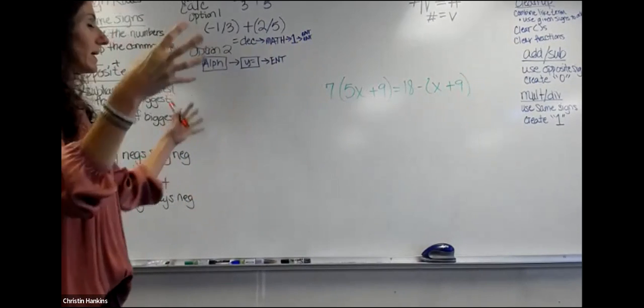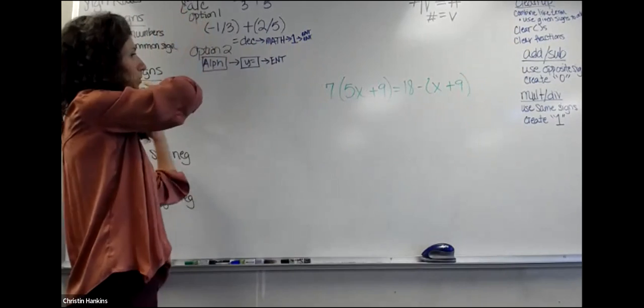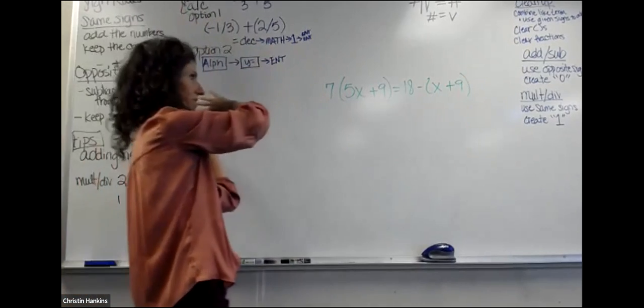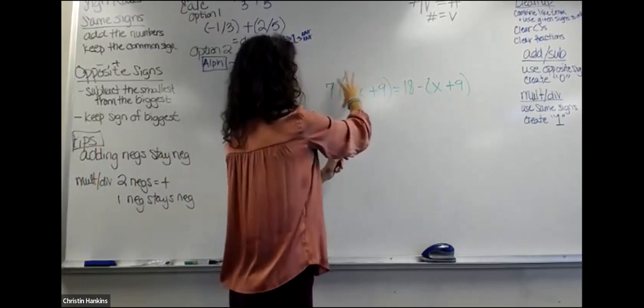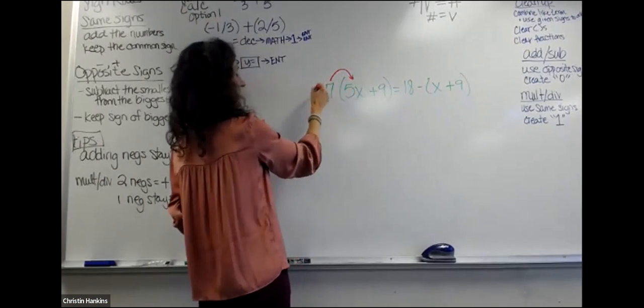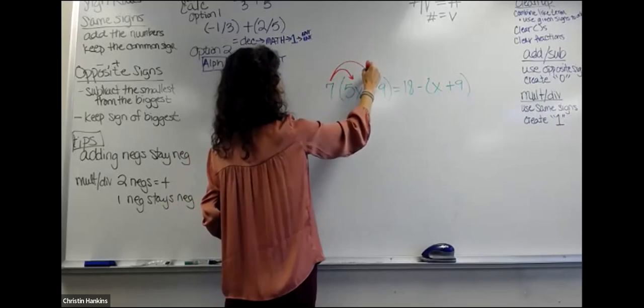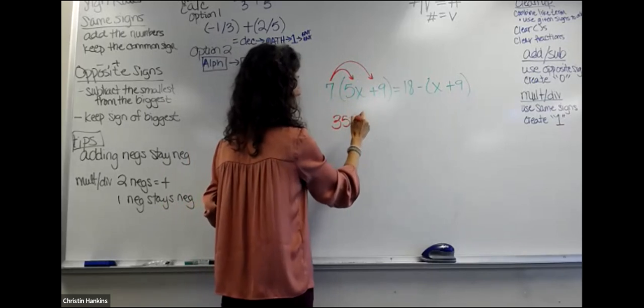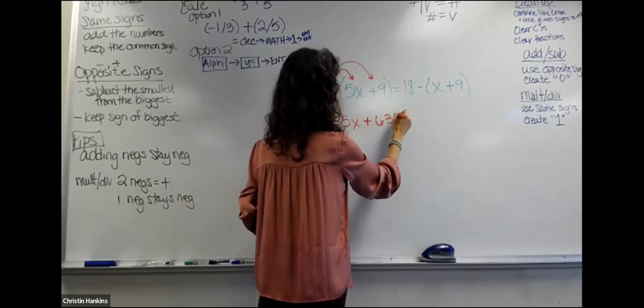So again, looking at it, we read everything left to right. Math does the same thing. So let's look at it this way, going from here to there. This 7 doesn't have a sign attached to it, so it is positive. So that is just going to be 35x plus 63.